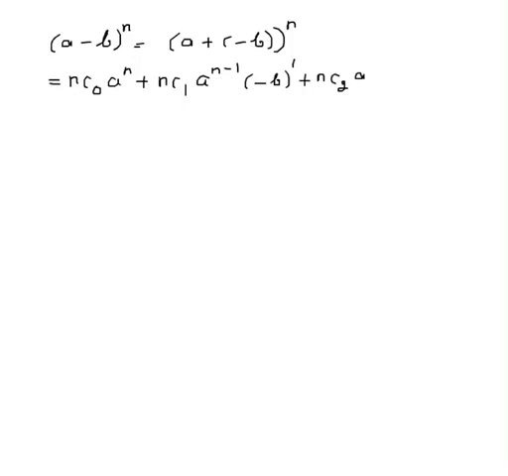Then third term nC2 a raised to n minus 2 into minus b raised to 2, plus nC3 a raised to n minus 3 into minus b raised to 3, etc. The last term is nCn a raised to 0, which is 1, and minus b raised to n.